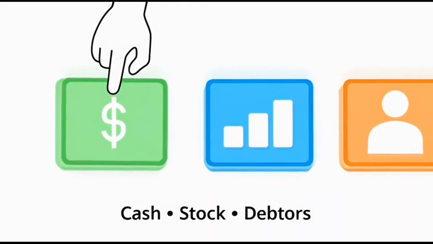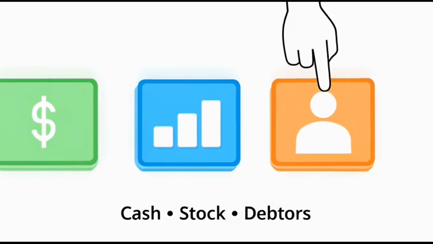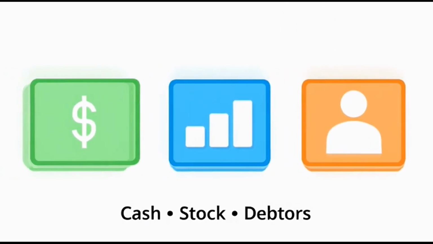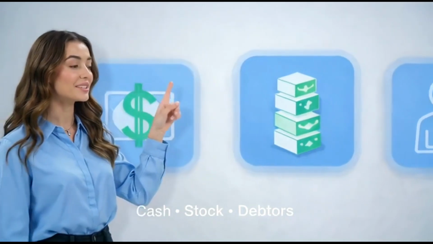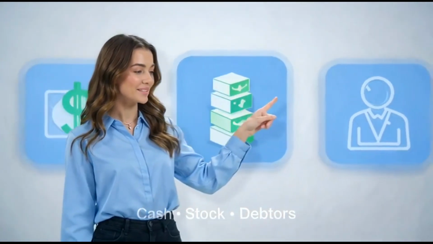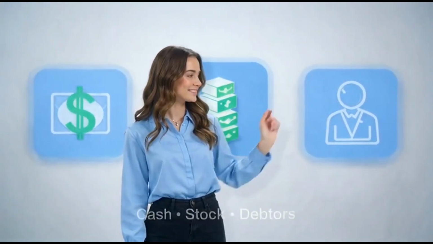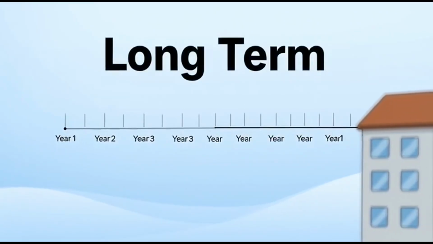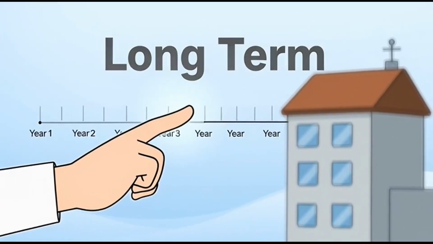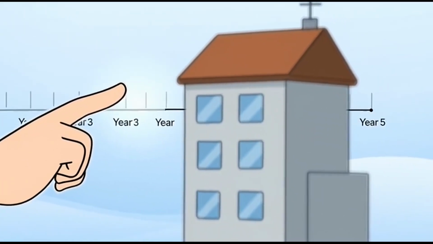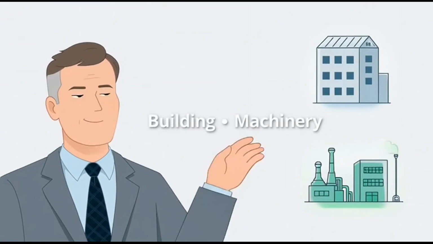Cash, stock, and debtors are current assets. Non-current assets are used for a long period. Buildings and machinery are non-current assets.